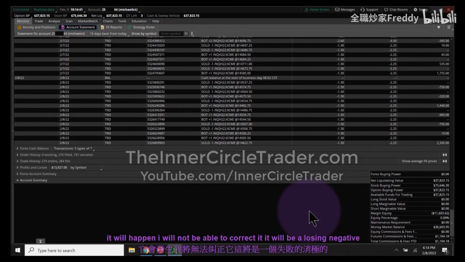There will be days where I try to do this, and I'm going to have a losing day. It will happen. I will not be able to correct it. It will be a losing negative day. When that happens, the first instance that happens, I'm going to show you it. Okay? I'm not trying to hide the losing days, but the trader in me, the person that is ICT, I refuse, if I have the capability, I refuse to let my negative day stay negative at the close.